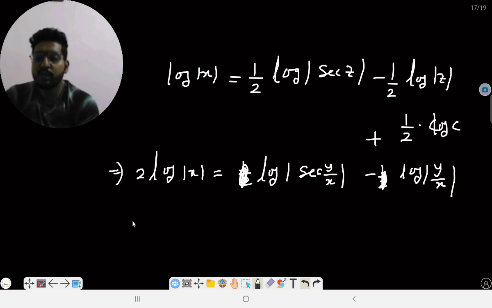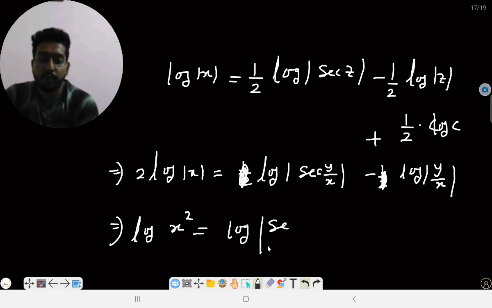Okay, now just simplification, so that will be log x square, and since this is a minus, there will be a division, that means sec y by x divided by y by x.